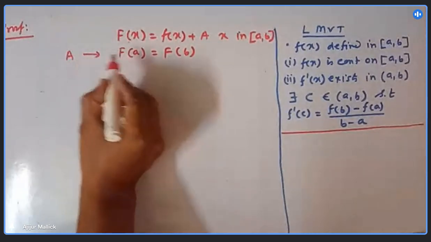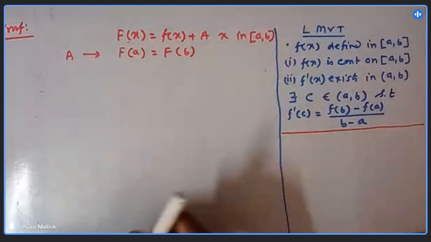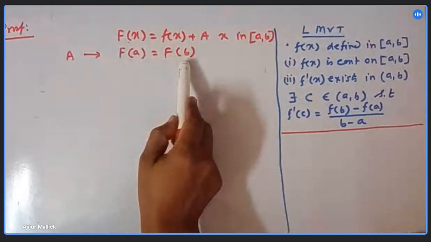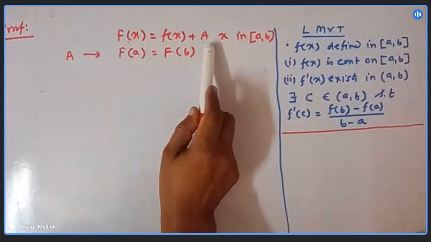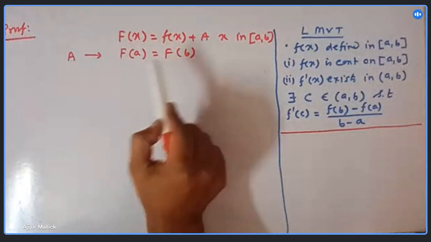So what does it mean? That means capital A is a constant such that F of a is equal to F of b.